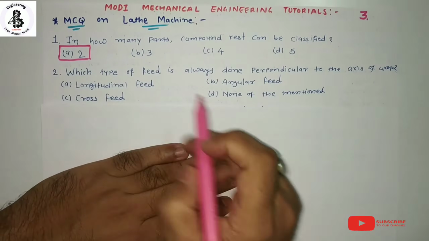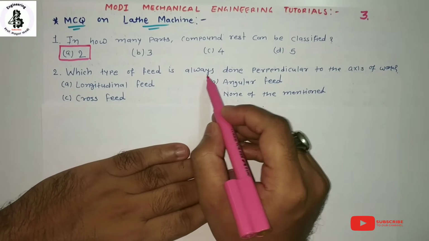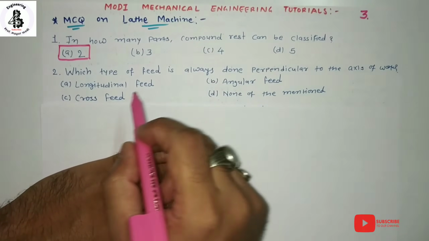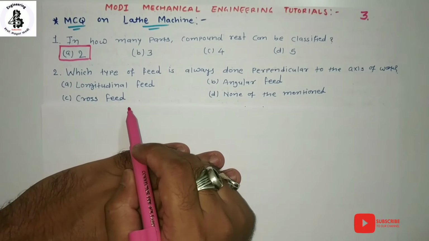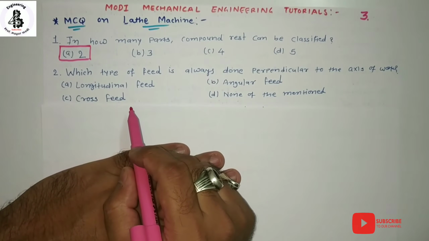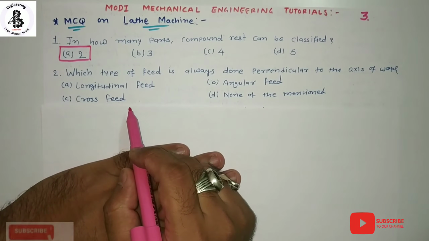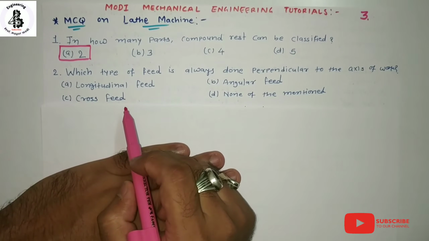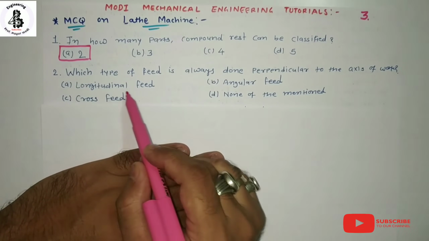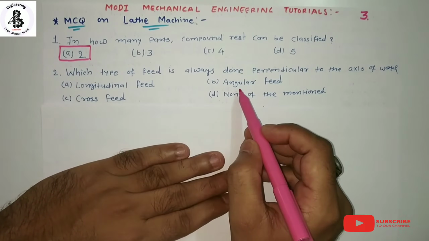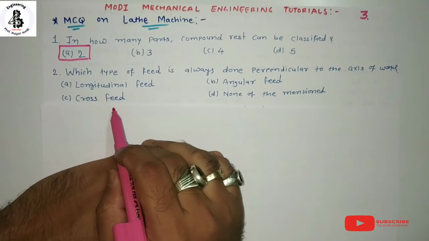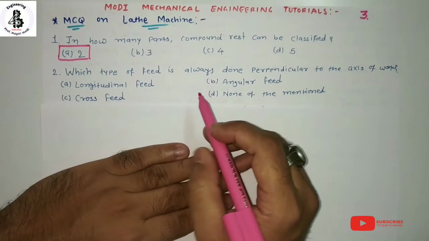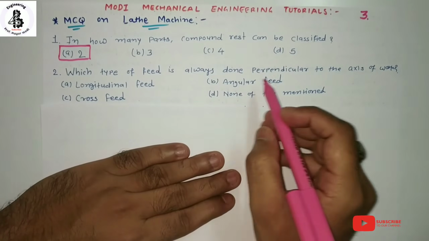Then next question. Which type of feed is always done perpendicular to the axis of the work? Basically, these are from the various operations carried out on lathe machines, and which kind of feed mechanism is used relative to the axis of the work. Option A, longitudinal feed, option B, angular feed, option C, cross feed, and option D, none of the mentioned.